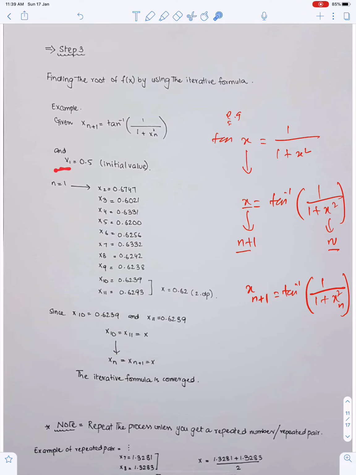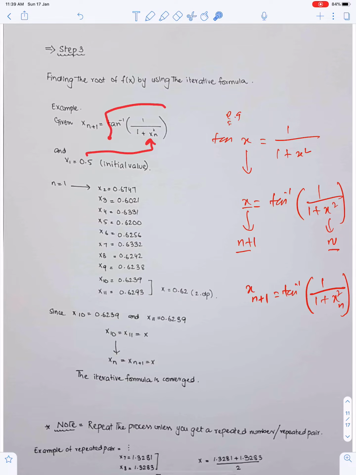So this initial value means n is 1. x1 means n is 1. So when you substitute 1 here, this will become x2 and this will become x1. So to get the value of x2, you need to substitute 0.5 here. So tan inverse 1 upon 1 plus 0.5 square.